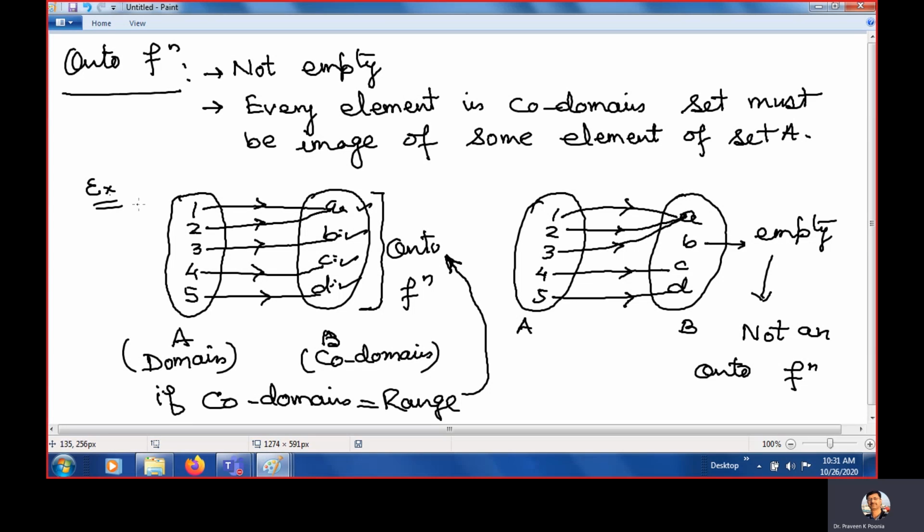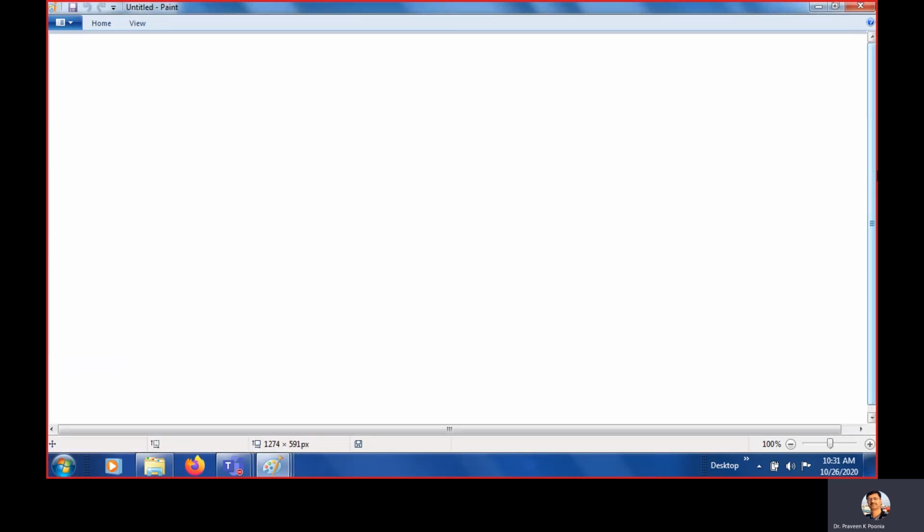Here in this question, codomain and range are the same, so this is an onto function. Here, what is the codomain? A, B, C, D. And what is the range? A, C, D. So they are not equal. Range and codomain are different. So this is not an onto function. Please remember, onto function means codomain and range must be equal.